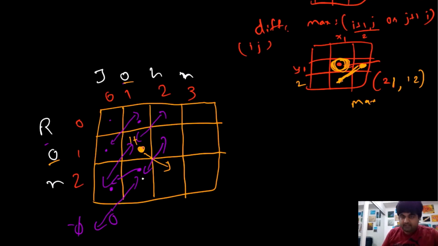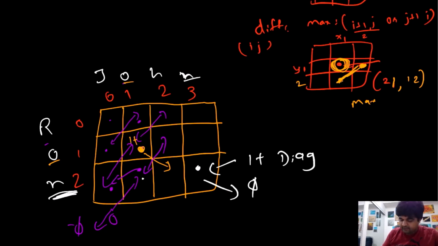Now we keep on repeating these things, and the only number we can calculate so far is this last one, the value of n, because over here both the values are the same. So for this position we can say that this would be 1 plus the diagonal, and over here in the diagonal we have a null value, so this would result in 0.